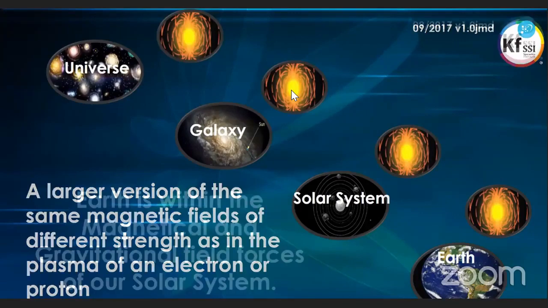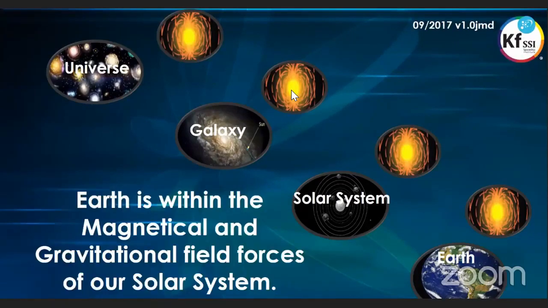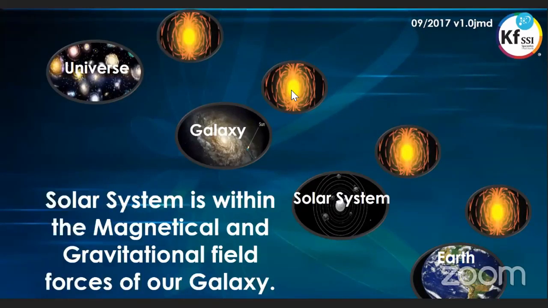But an important thing that we have to understand is that Earth is within the magnetic and gravitational field forces of our solar system. And our solar system is again within the magnetic and gravitational field forces of our galaxy.